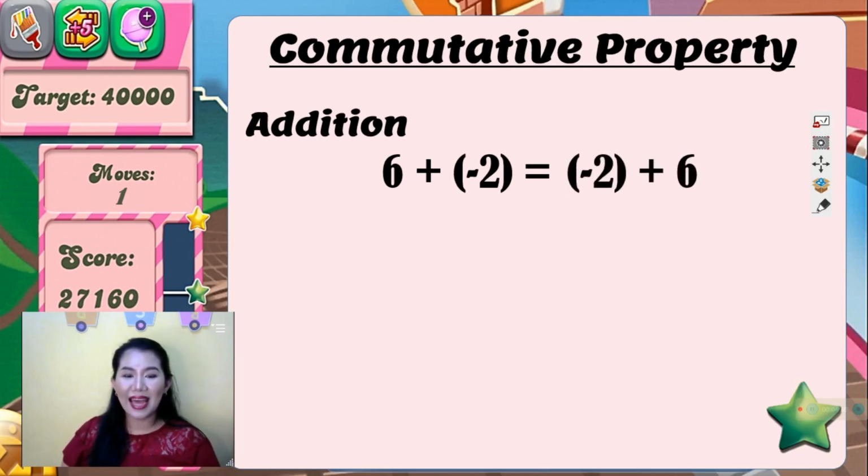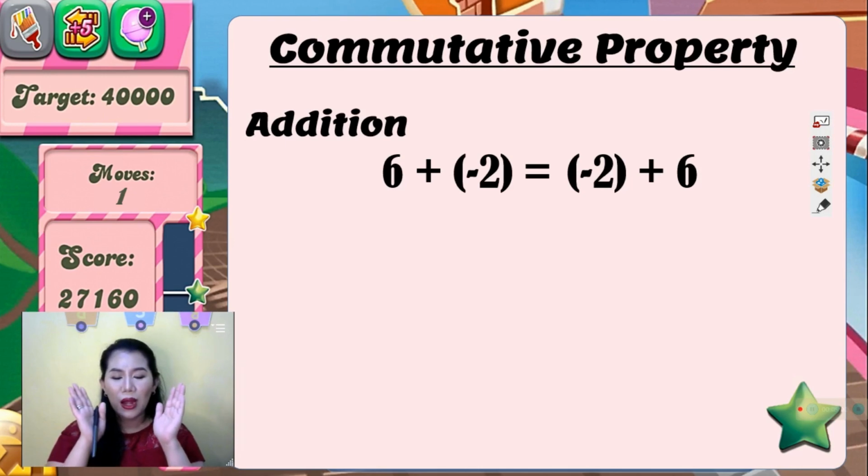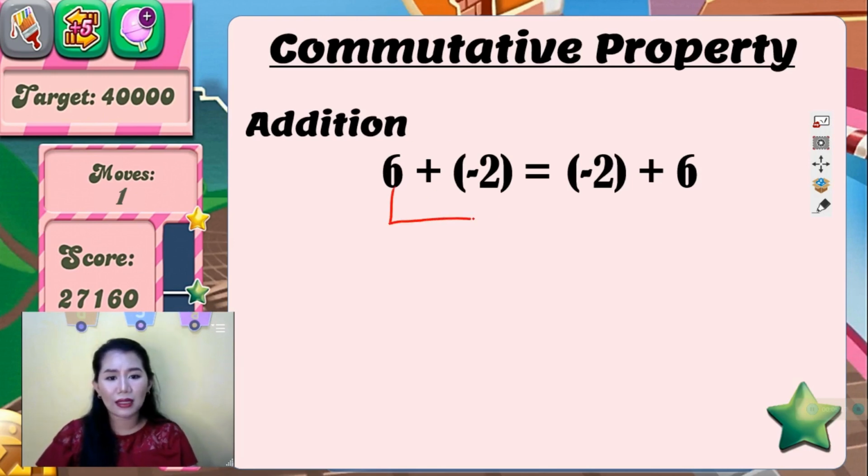B plus A. You see, nakita ninyo, yung 6 natin, nauna siyang isulat, plus, nahuli yung negative 2. Tapos, doon naman sa kabila, negative 2, nauna, tapos, nahuli yung 6. Ibig sabihin daw nito, class, kahit daw pagbaliktarin natin ang dalawang numero, alright, yung sagot daw nito ay walang pinagkaiba kahit na pagbaliktarin natin silang dalawa.